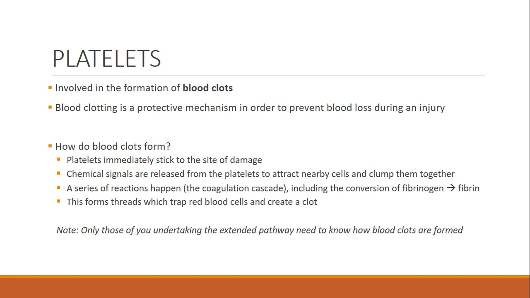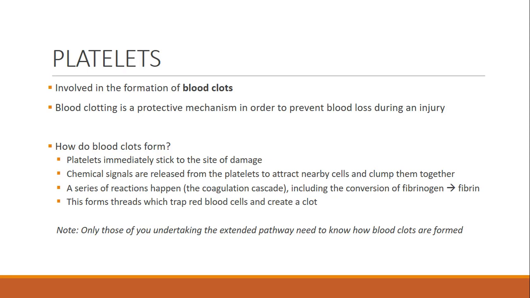As to how these blood clots form, only those undertaking the extended pathway actually need to know a little more detail about this. In a nutshell, platelets immediately stick to the site of damage. Wherever the cut is, platelets attach onto that site, and chemical signals are then released from the platelets that attract nearby cells and clump them together.